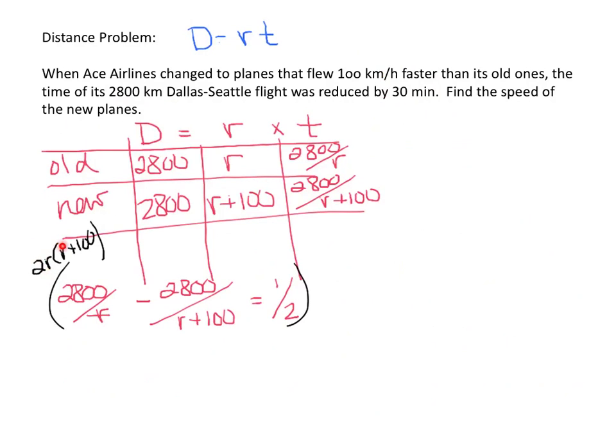So this cancels out, so 2r plus 200 times 2800 minus the r plus 100 will cancel, so that leaves me with 2r times 2800, so that's minus 5600r, and then the 2 here cancels with this one here, so I just have r times r plus 100.